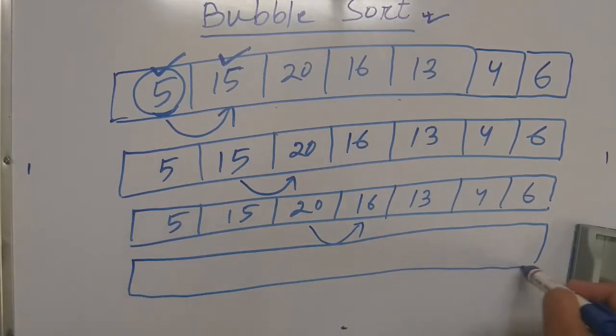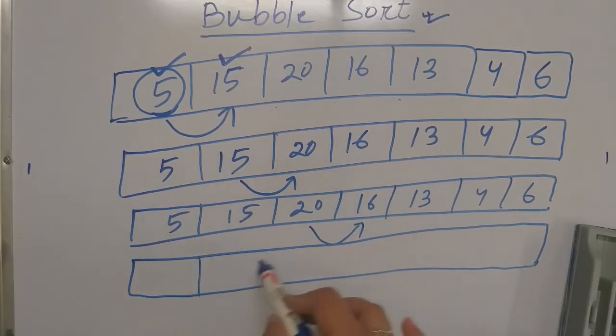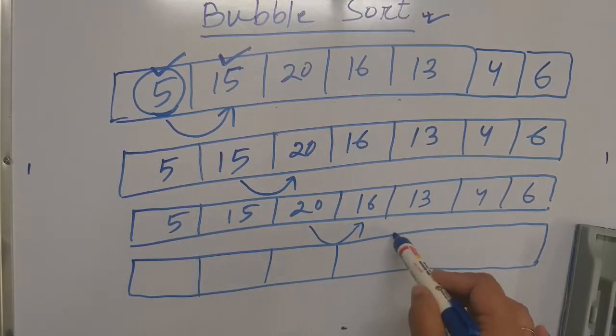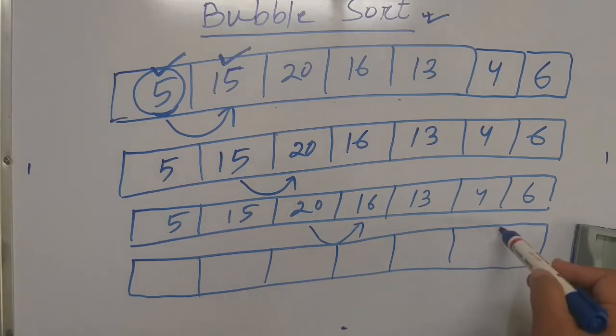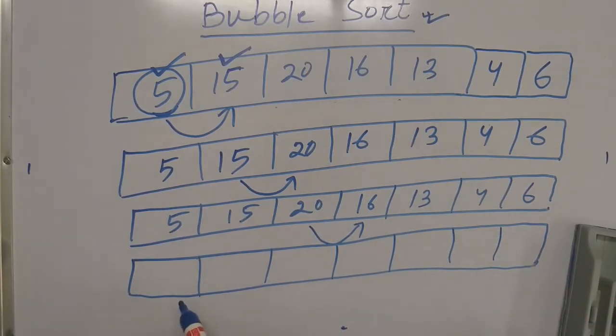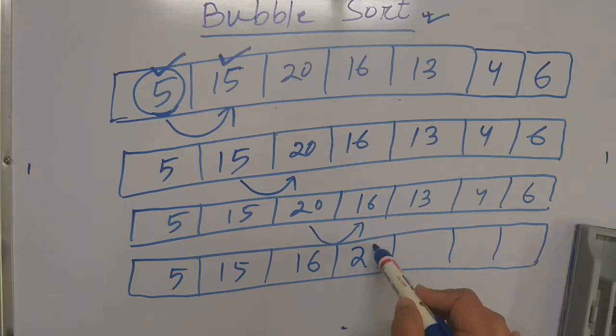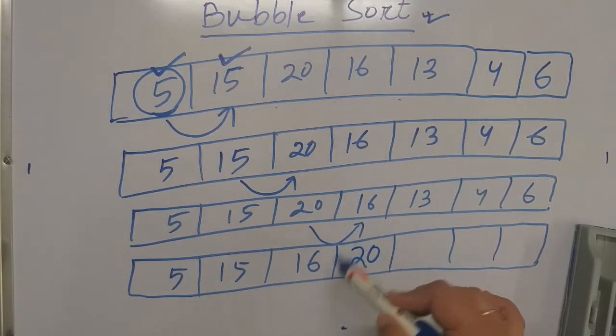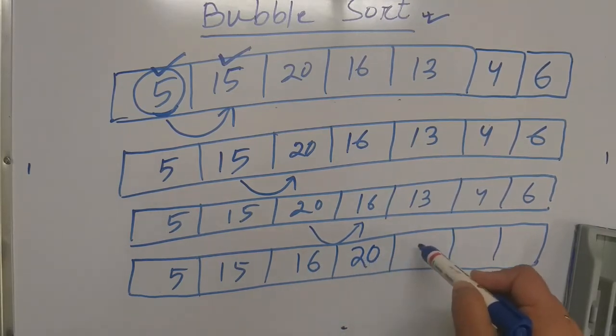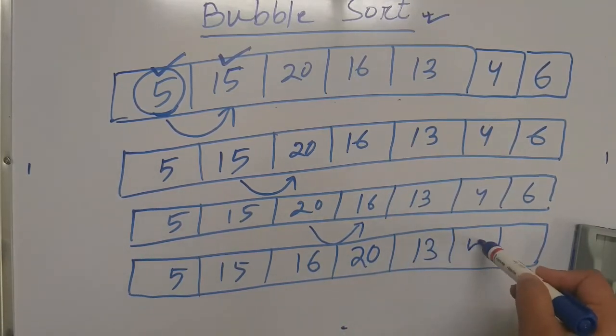We know that 20 is greater than 16, so we interchange the position of these two values. That means we swap them. So 16 comes here and 20 goes there. Now 13 is here, then 4, then 6.